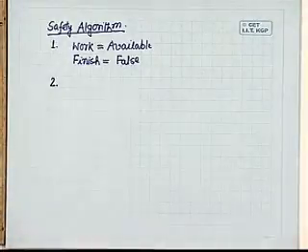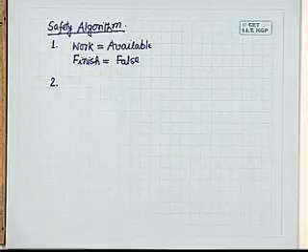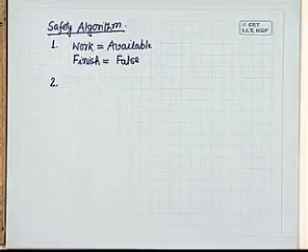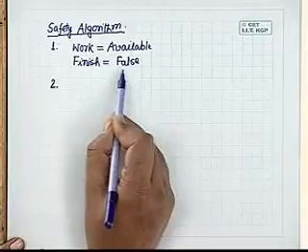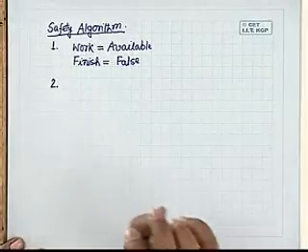Now once this initialization is done, in the second step, you have to find some process in the set of processes for which finish[i] equal to false and need[i] is less than or equal to work. Work is initialized to available and need[i] is the future requirement of the process. If there is some process which is not yet finished and the future need of that process is less than or equal to available, that means with the set of available resources till now, that process can complete operation.